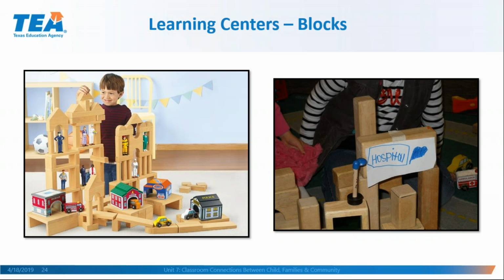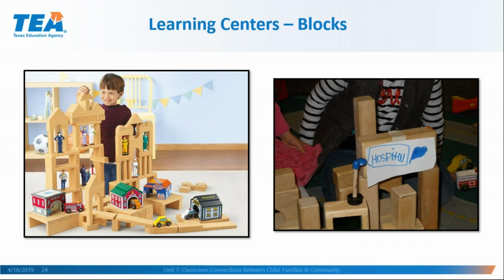I used to have to do home visits when I was teaching, and I would ask permission to take a picture of the outside of the child's home or apartment. And I would have those in the block area. So if the children wanted to play or build their house, they could use the picture either as their blueprint, or they could attach it some way to the block with some tape.